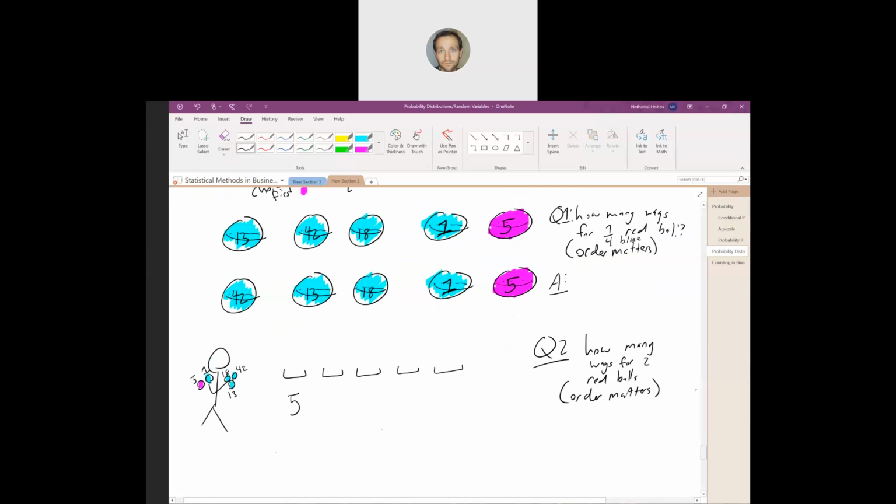And now you have 4 balls left. How do you have 5 choices for the second ball? You've already placed a ball. One of the places is taken up. So maybe you put a ball here.